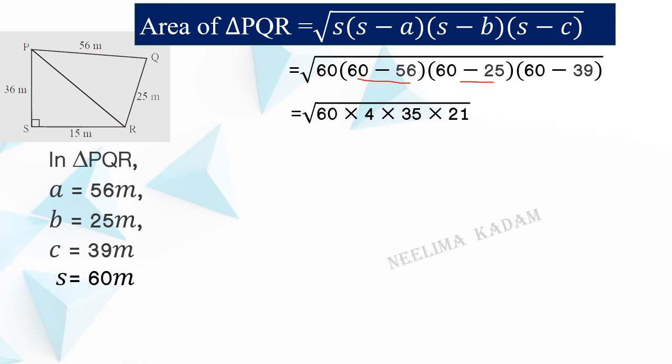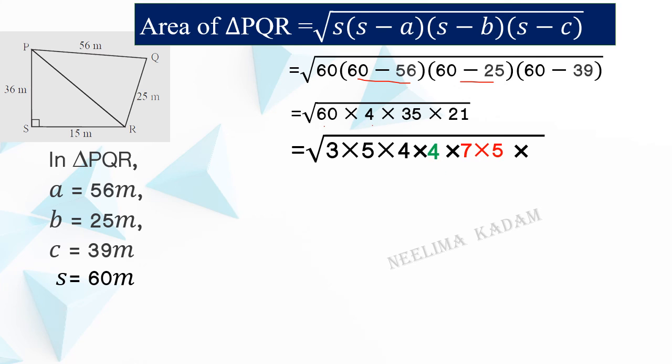आता आपल्याला याचे फॅक्टर्स करायचे आहेत. So here 60, here it is 4. Therefore 60 is 15 4s are 60. Again 3 5s are 15. 15 into 4. 35, 4 as it is. 35 is 7 into 5 and 21 is 7 into 3. So see here 3 3, 7 7, 5 5 and 4 4.